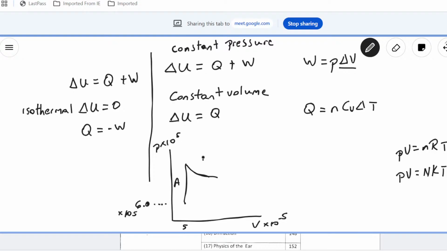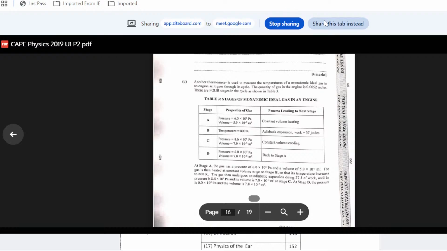So let's call that B. Even though we spoke about isothermal, in adiabatic the heat is zero, so there's no heat transfer happening. Alright, so that's the difference between isothermal and adiabatic.